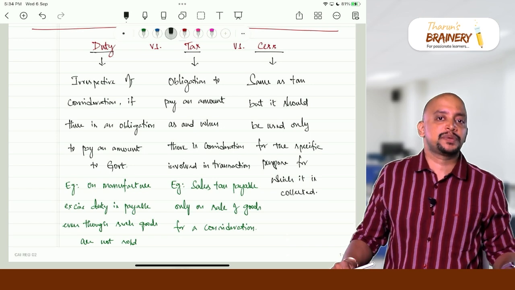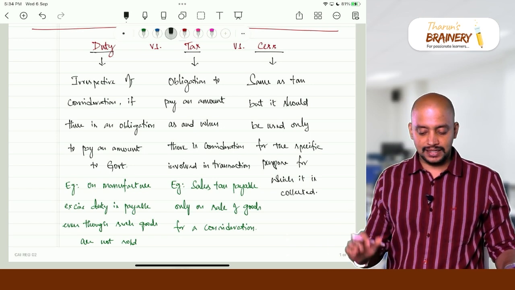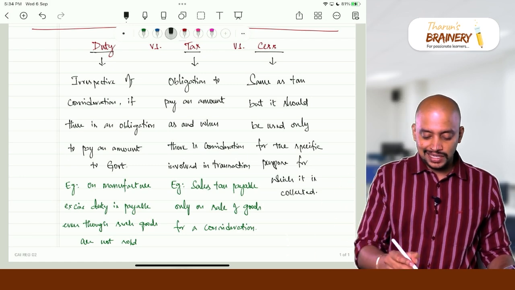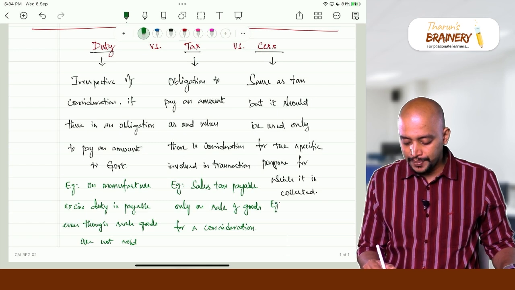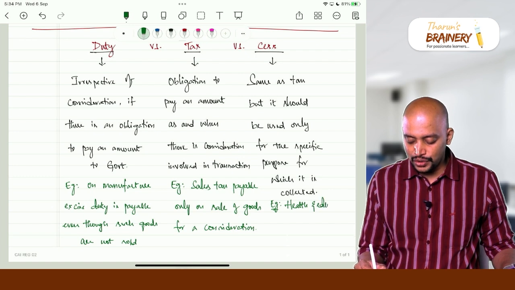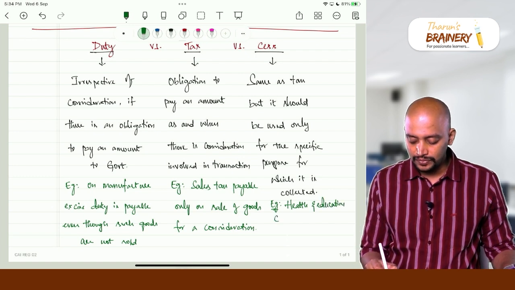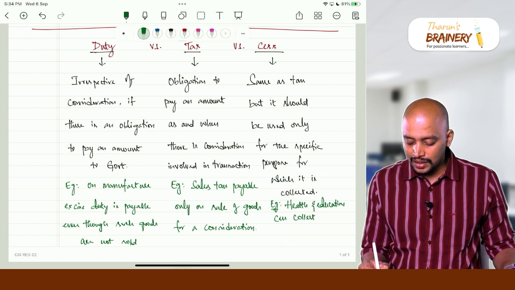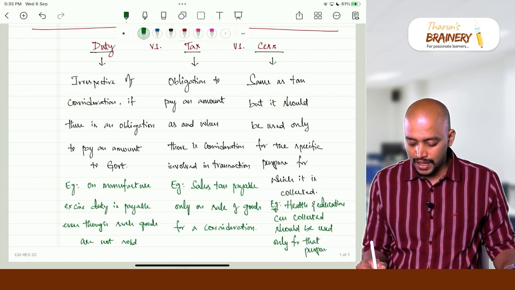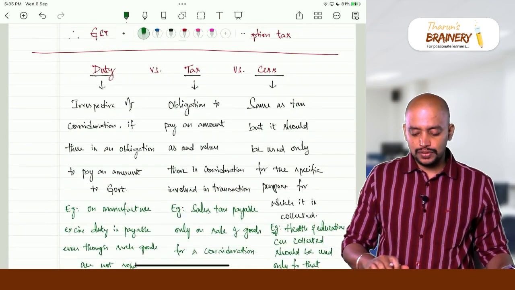So that is the meaning of cess, it should be used only for the specific purpose for which it is collected.